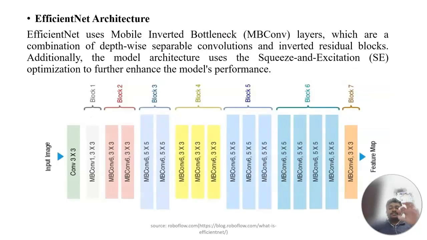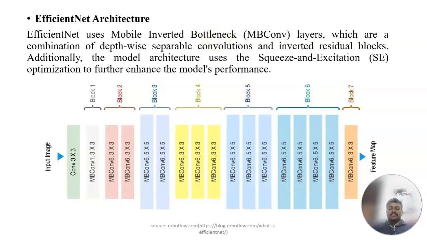In this slide we are showing the architecture of EfficientNet. You are seeing it clearly, right? Here this is the input image, and this is a 3 by 3 convolution layer, then the MB convolution layer, that is the mobile inverted bottleneck layer.